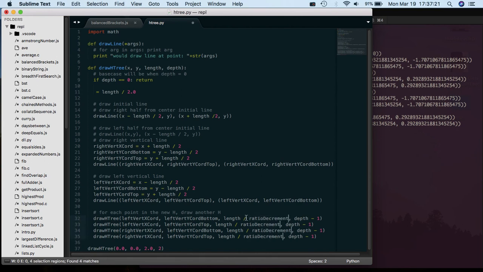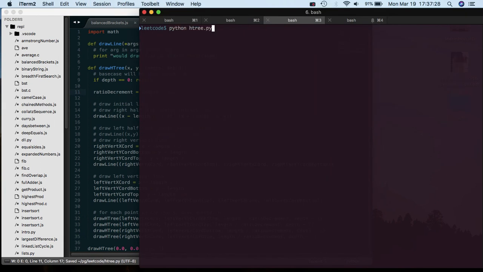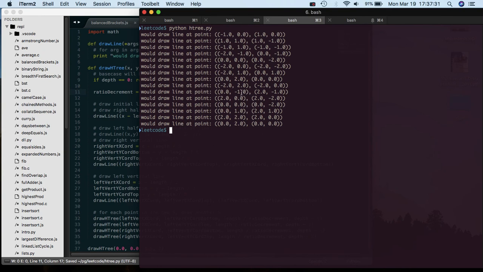This should work here. Now this will be a little bit prettier. Yeah, so now we can see halves instead.